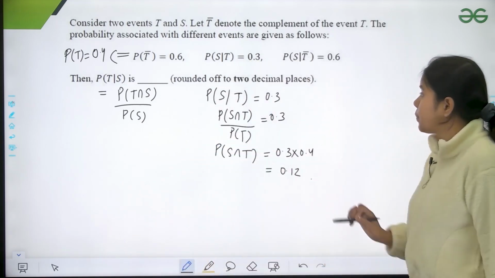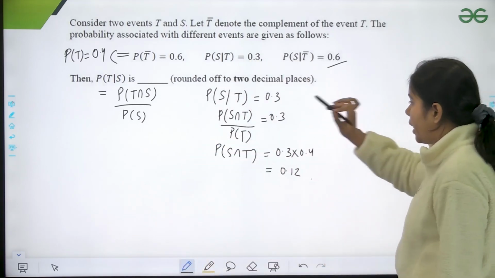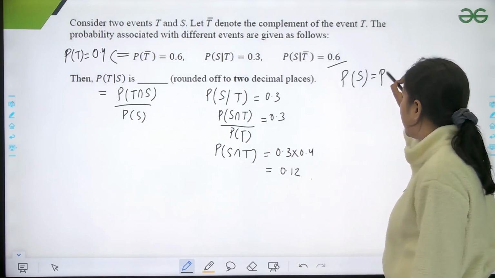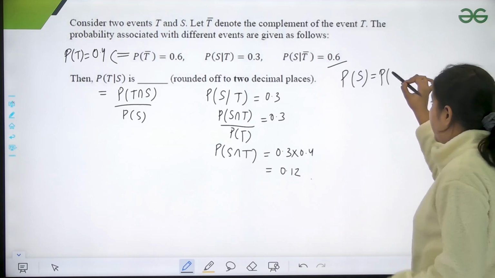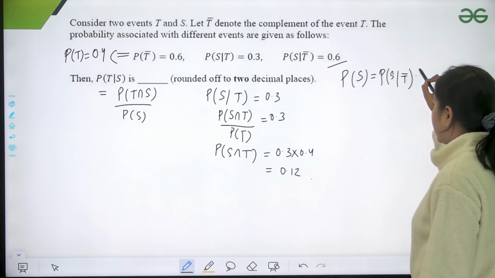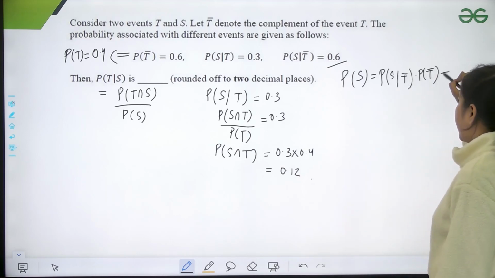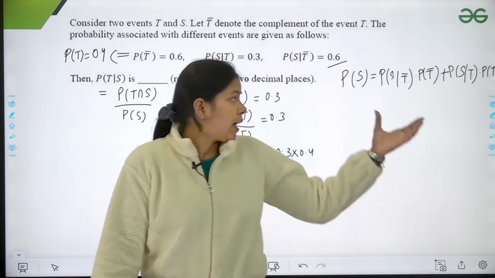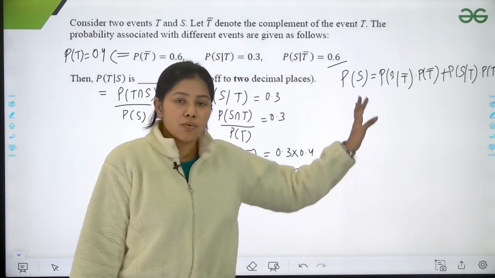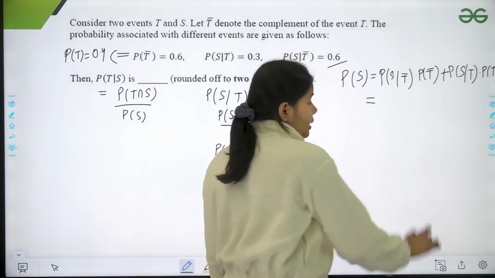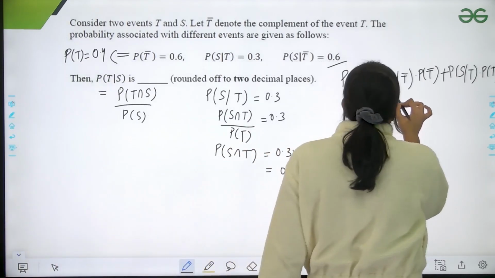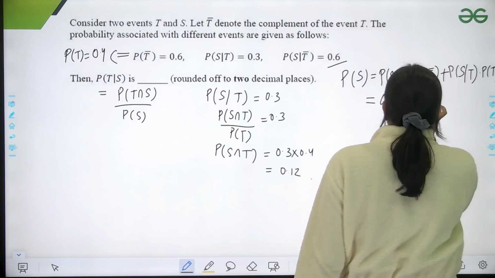Now, next we have probability S given T bar. I have to find out probability of S. So by the law of total probability, I can write probability of S would be probability of S given T bar into probability of T bar plus probability of S given T into probability of T, right? Now I just have to fill in all the values. S given T bar is 0.6 and T bar probability is 0.6.